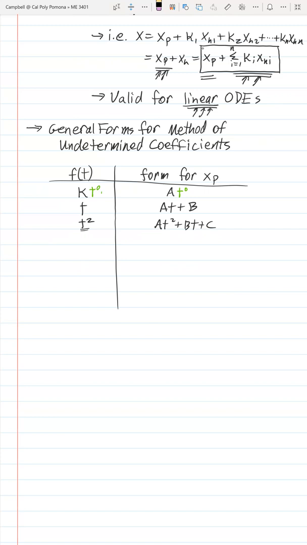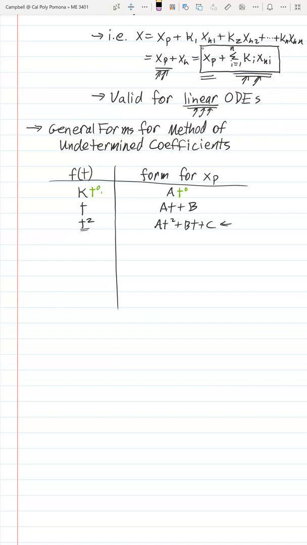You're going to get an a times t squared plus b times t plus c. Well, the primes are just going to combine with the unprimes, and they're just going to give us different constants. So it doesn't really matter. We know that all those will come together. And so if you have a parabolic form, regardless of the number of terms in that parabolic form, you're just going to use this anyway.